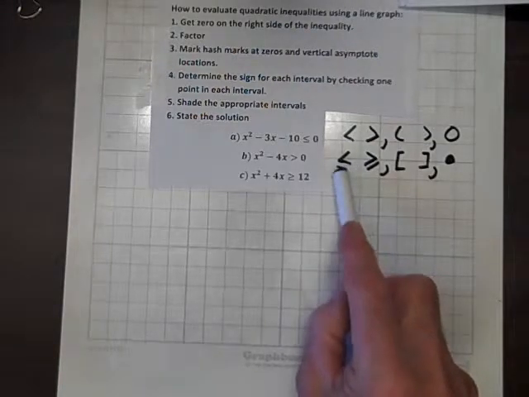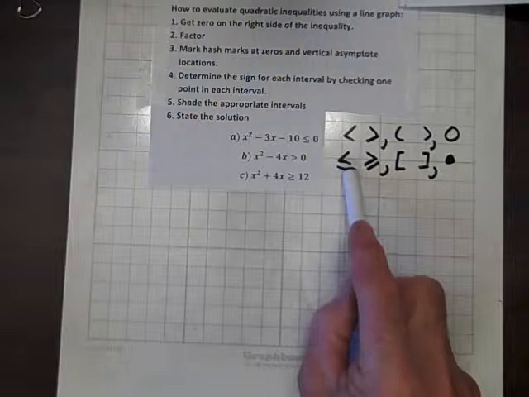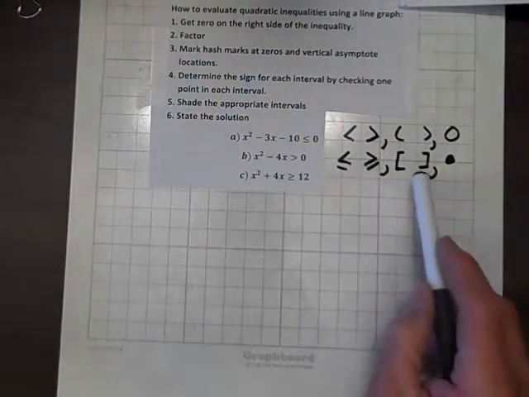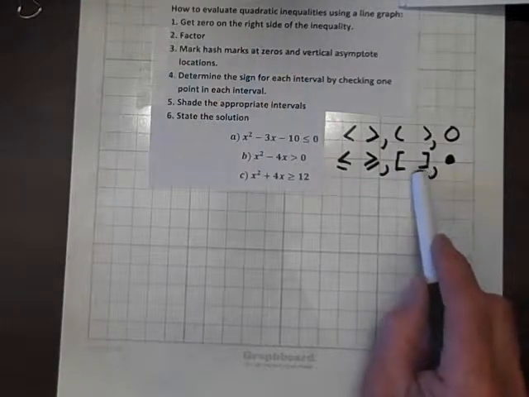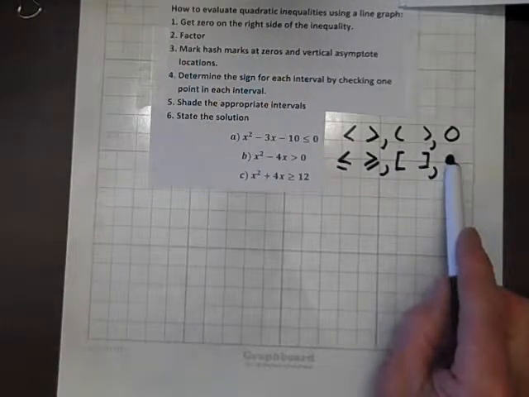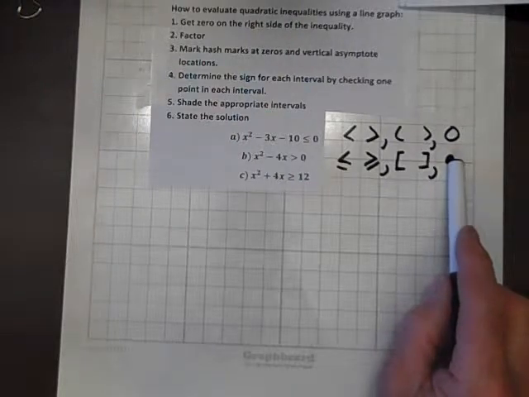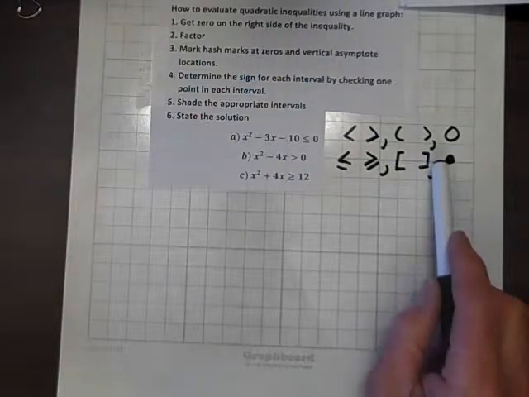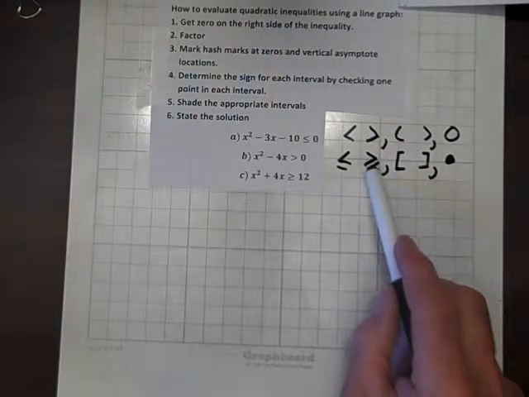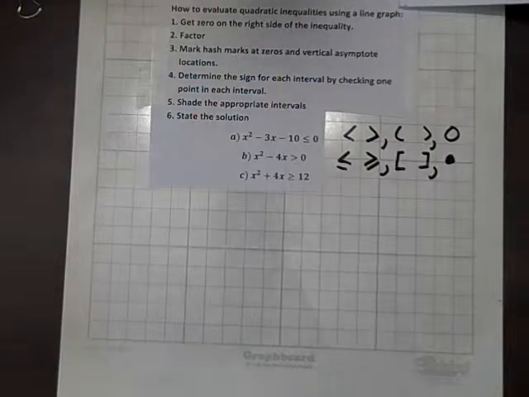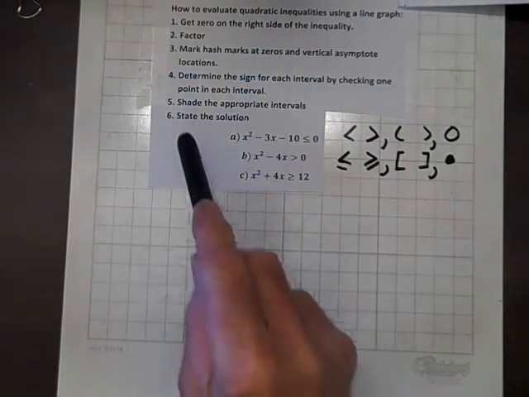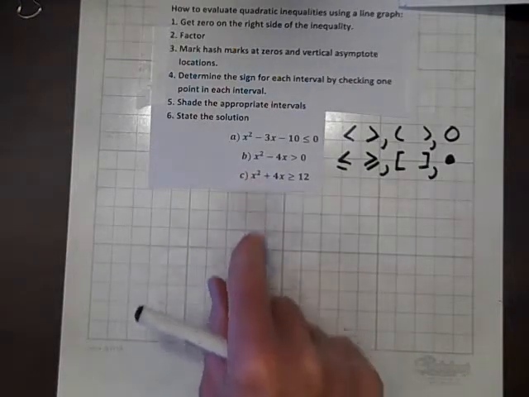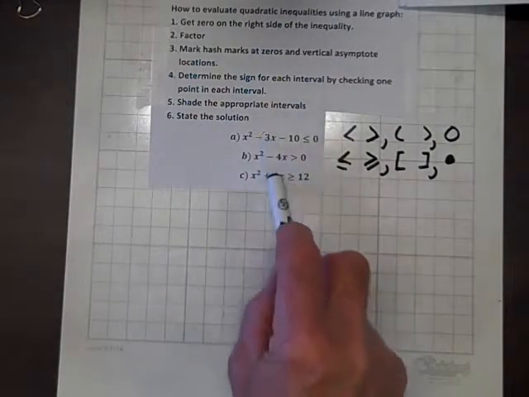Whenever we have an equal sign associated with the inequality, such as less than or equal to or greater than or equal to, in interval notation we'll use brackets, and in graphing we'll use a solid circle at the zeros because the zeros can be included, will be included in the solutions. So take a minute, copy this procedure down, and we'll move on and resolve these inequalities.